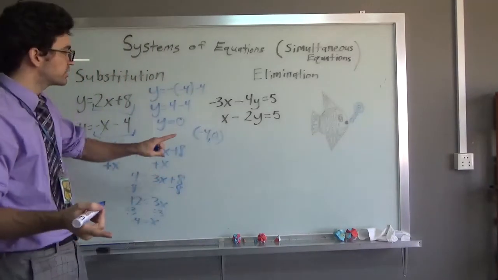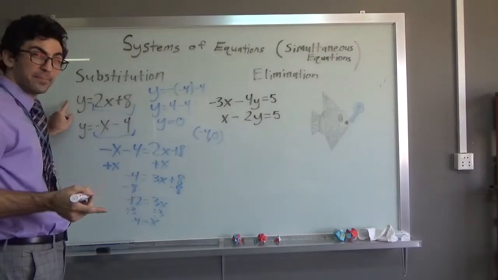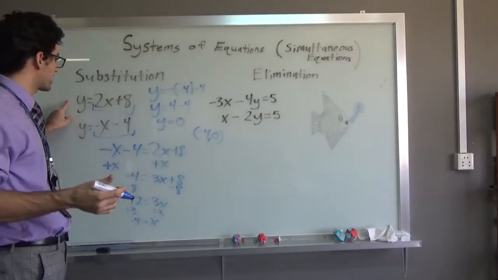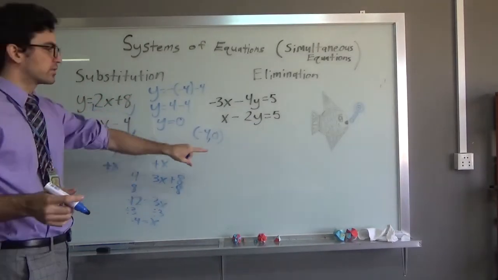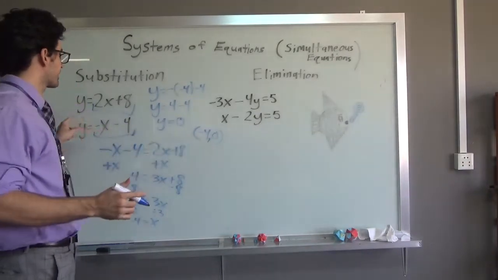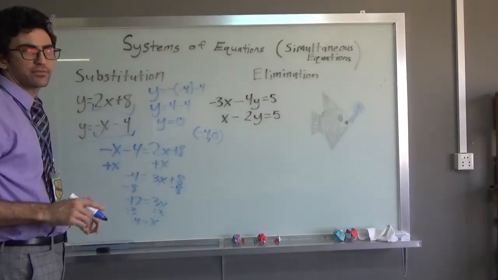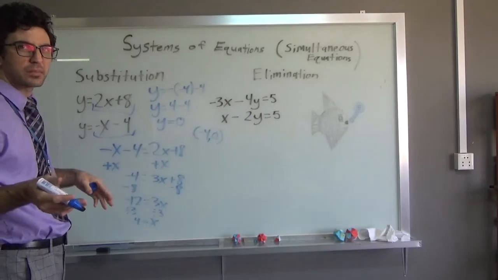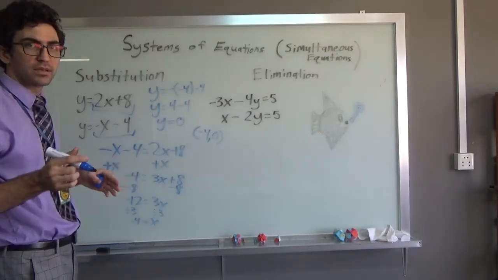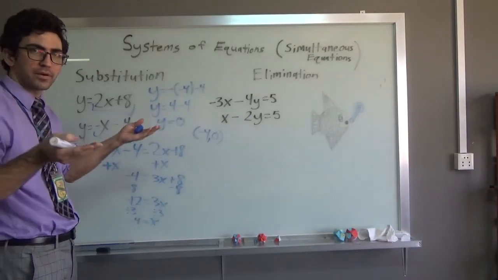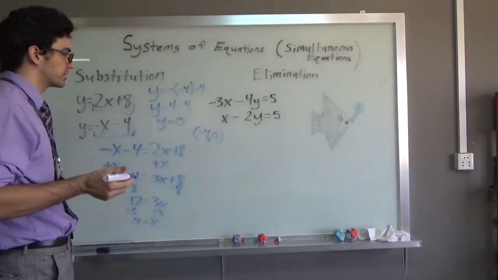So now that we think we know that x is negative 4 and y is 0, let's go to the top equation and see if that's correct. I will plug in the y value of 0 and the x value of negative 4. If they are correct, we will have the same number on the left and right hand sides of our equation.